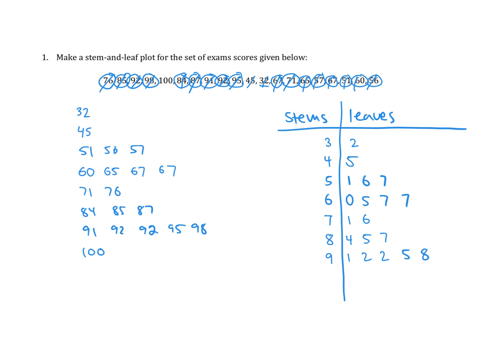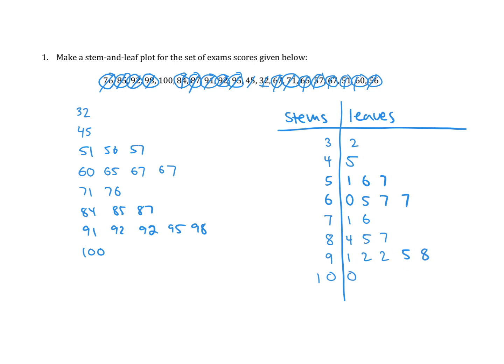And then for 100, I put a 10 for my stem, and only the ones digit can go on the side of the leaves. And notice that I lined up my digits vertically, the leaves, so that I can tell which branch is the longest.